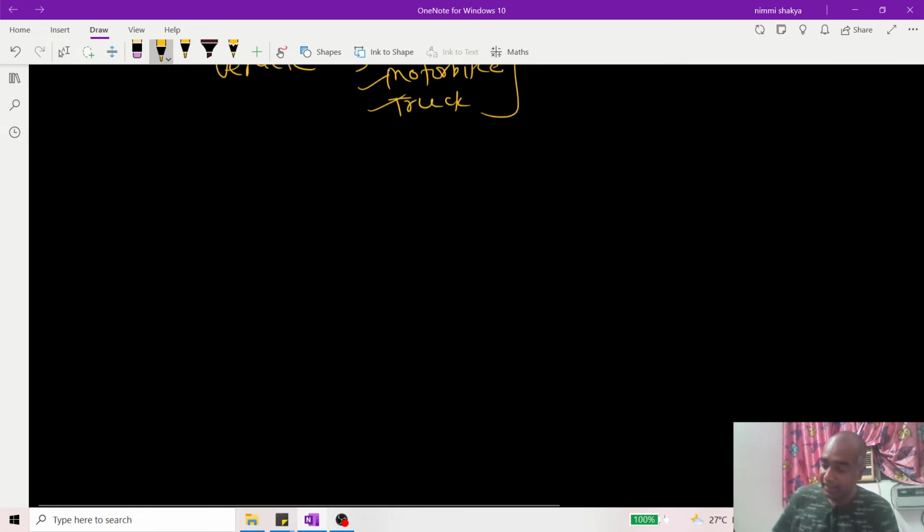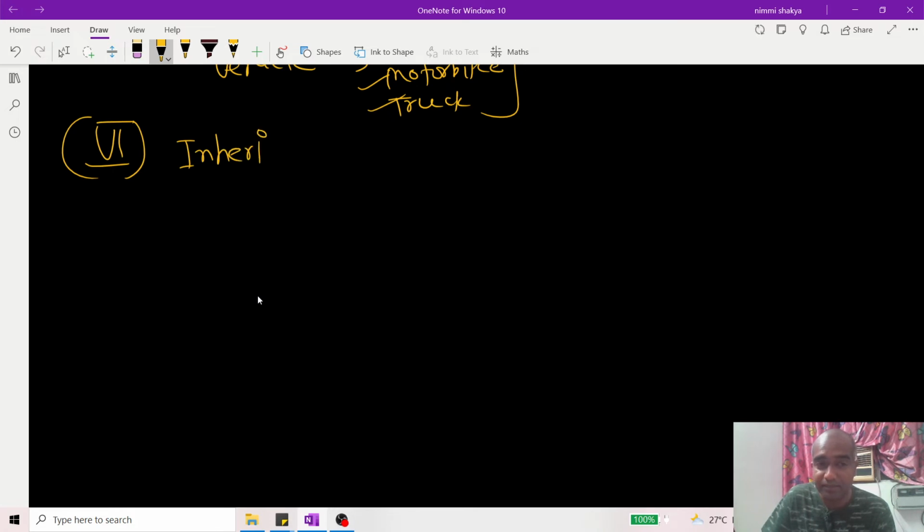Now comes the next concept related to object-oriented programming, which is known as inheritance. Suppose you have created a class vehicle. That vehicle has a few basic things.